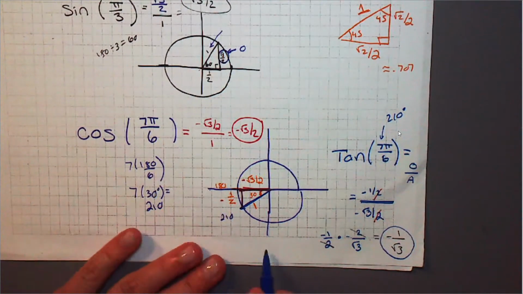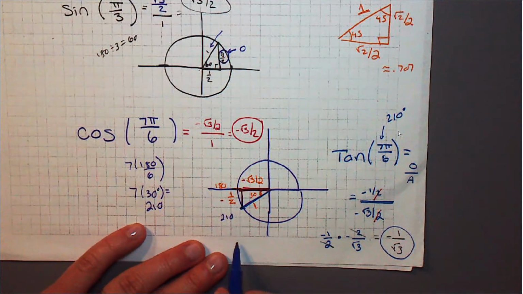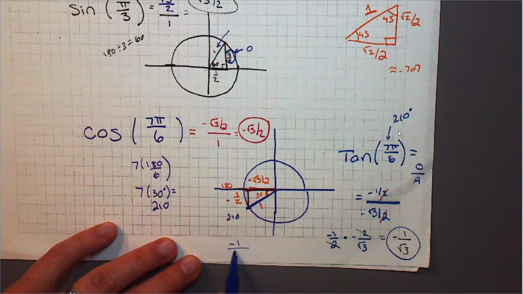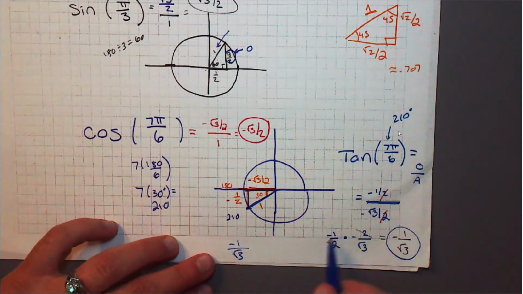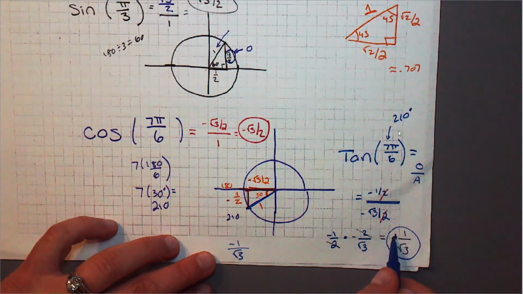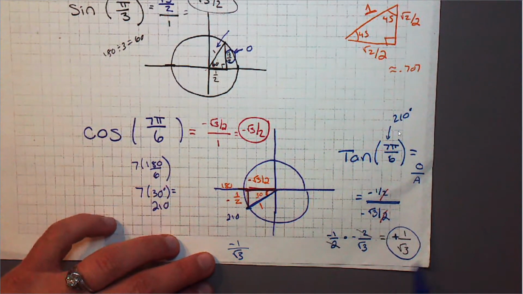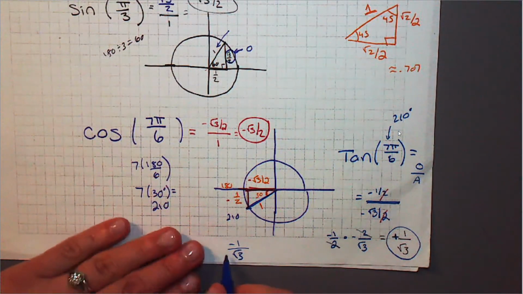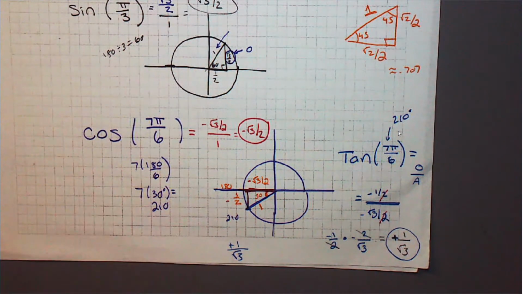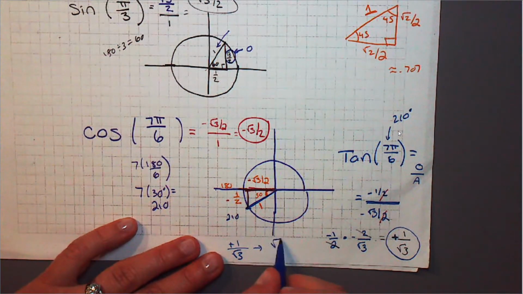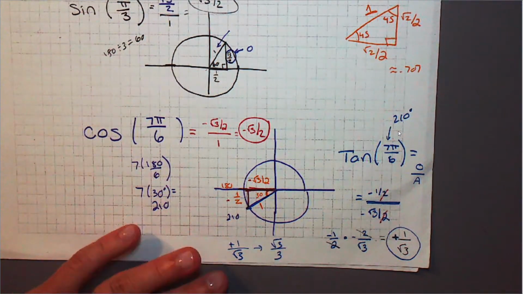Sometimes this is written rationalized. So to rationalize, oh, and look, the negatives actually will cancel each other out, won't they? So really our final answer is 1 over positive root 3. Sometimes that can be rationalized to be root 3 over 3.